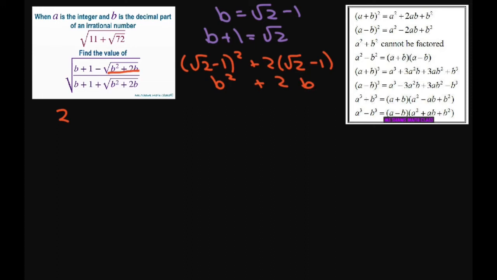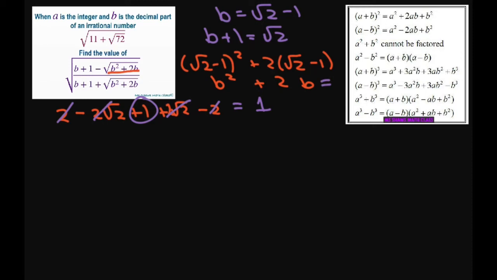This simplifies to 2 minus 2 square root of 2 plus 1 plus 2 square root of 2 minus 2. Now, it looks like these will cancel out, so we're just left with 1.